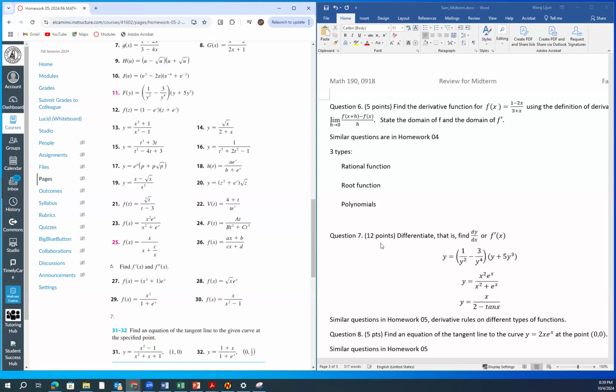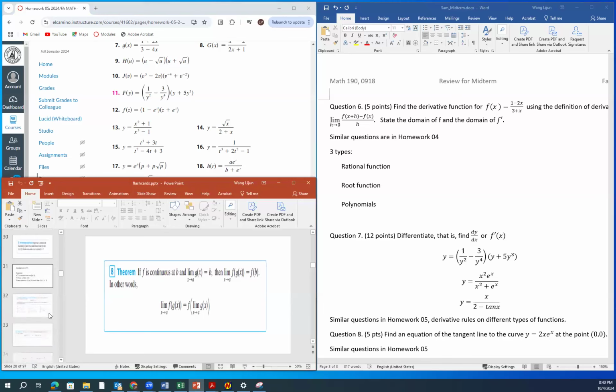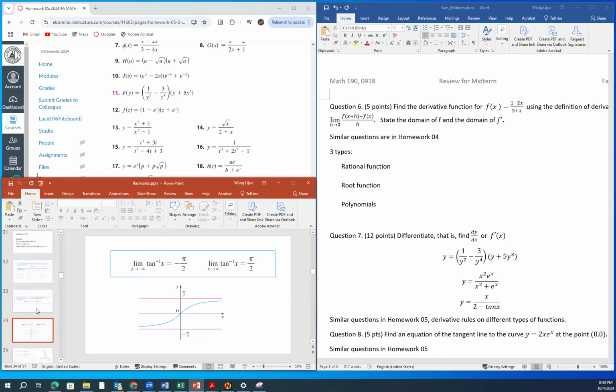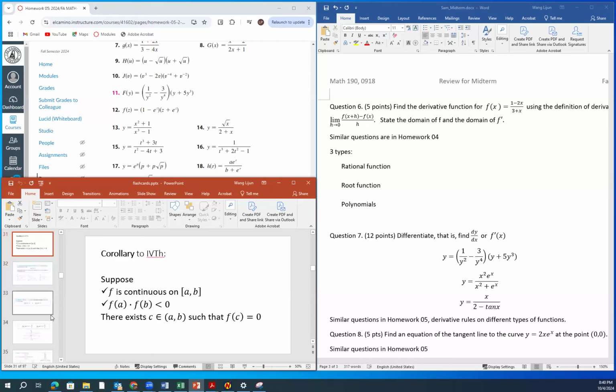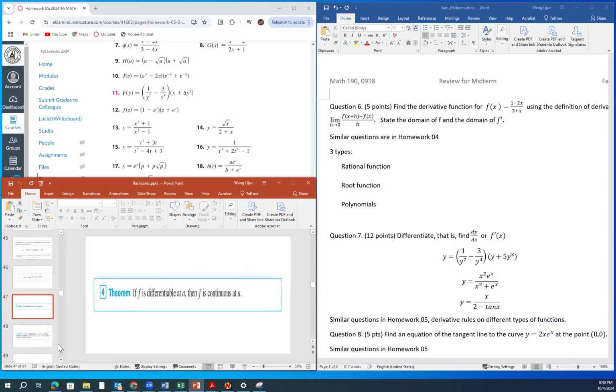All right. So what are these derivative rules, right? Let's go back to our flashcards. I didn't talk about limit laws. Limit laws have been talked about so many times, right? So these properties, I chose 3 types.